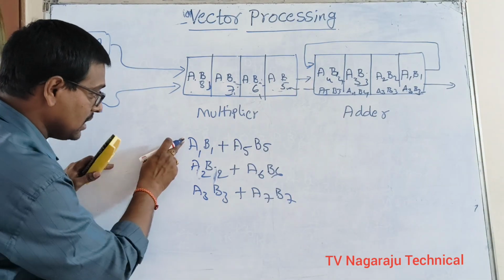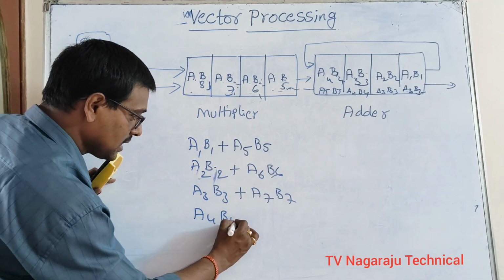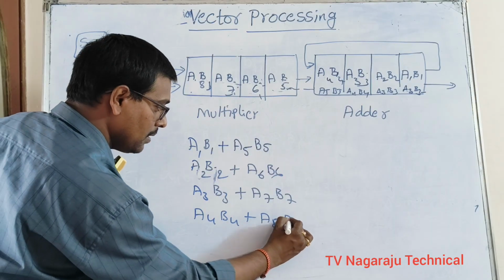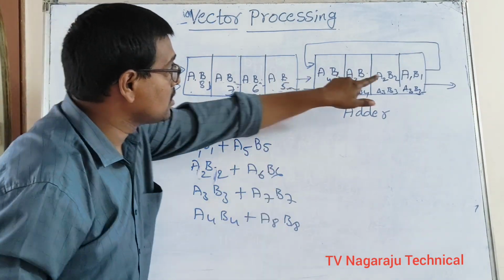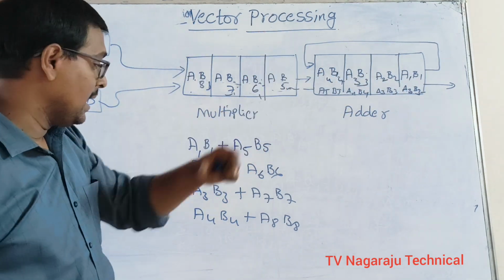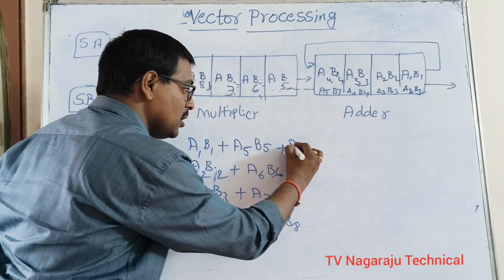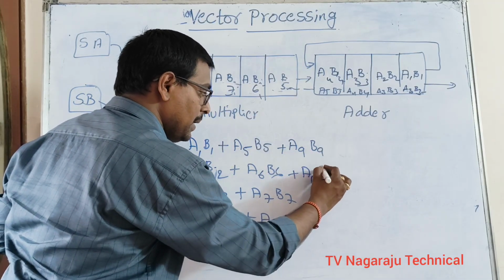In the 12th, this is 9, 10, 11. In the 13th clock cycle, what happened? So up to these four completed. Again A9 B9 and A10 B10.